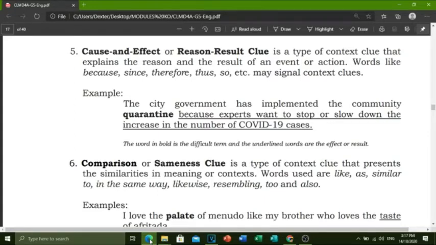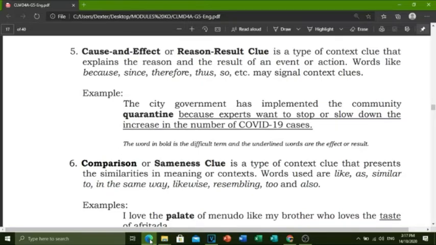For instance, you as a reader just encountered the word quarantine for the first time, and you want to know what is meant by this word. So, in this type, what is given is the cause why the government implemented community quarantine. What is the reason why? Because experts want to stop or slow down the increase in the number of COVID-19 cases.